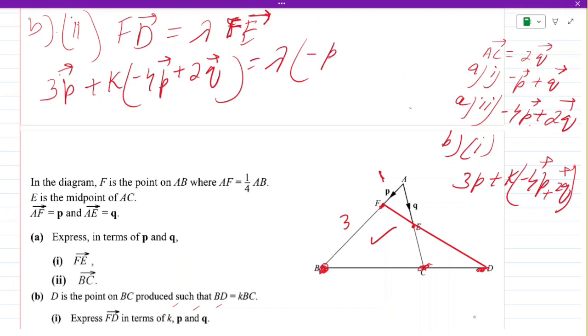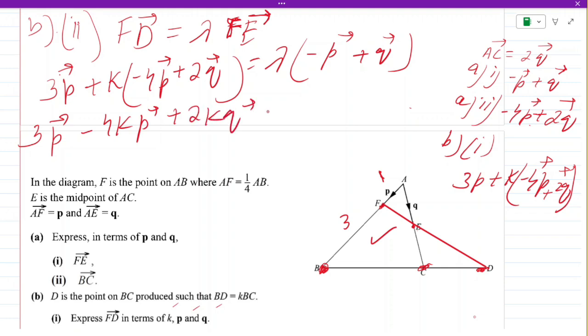Now we just solve this algebraically. 3P plus K times, expanding this, minus 4KP plus 2KQ is equal to minus lambda P plus lambda Q on the right side of this equation.